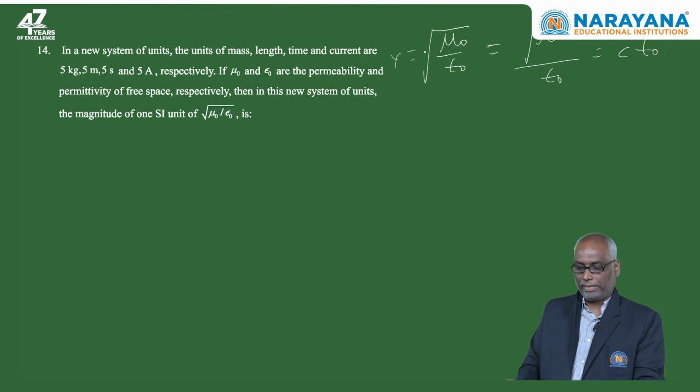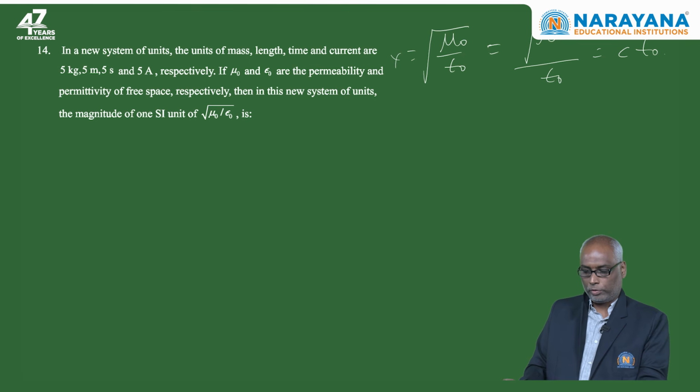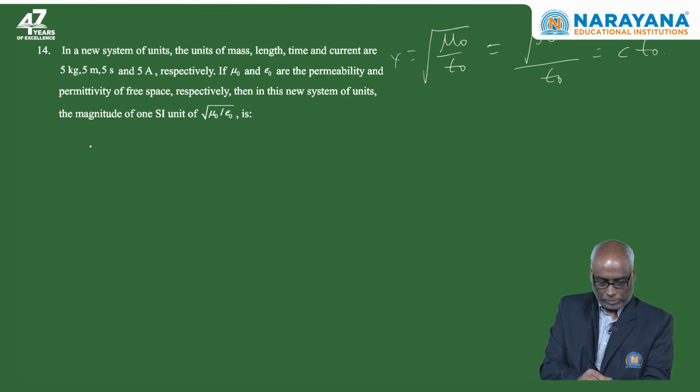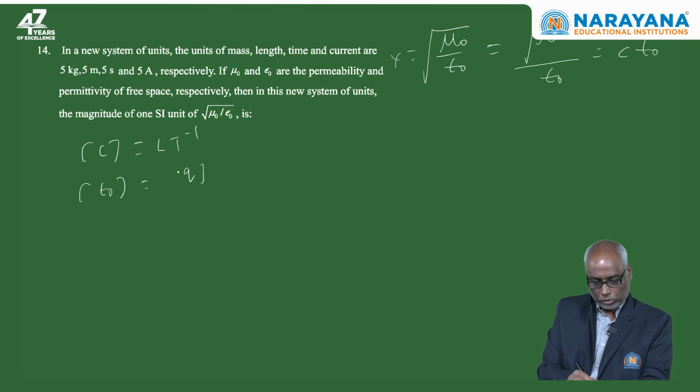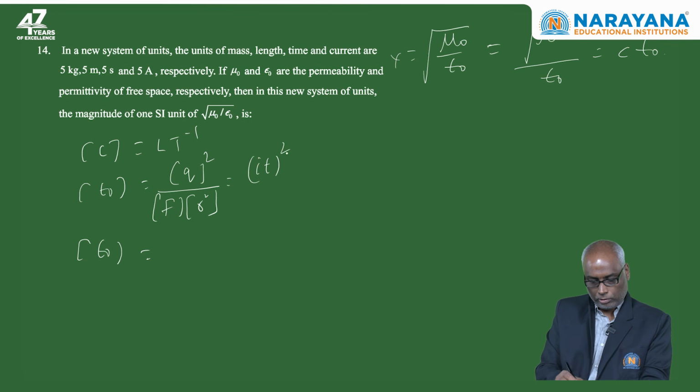This is the quantity x. First, we will write down the dimensional formula for this. The dimensional formula for c, the speed of light, is L T power minus 1. The dimensional formula for epsilon naught is the dimensional formula for q whole square divided by the dimensional formula for force into r square, using Coulomb's law. So q can be written as current into time, It, whole square, divided by F into R square.